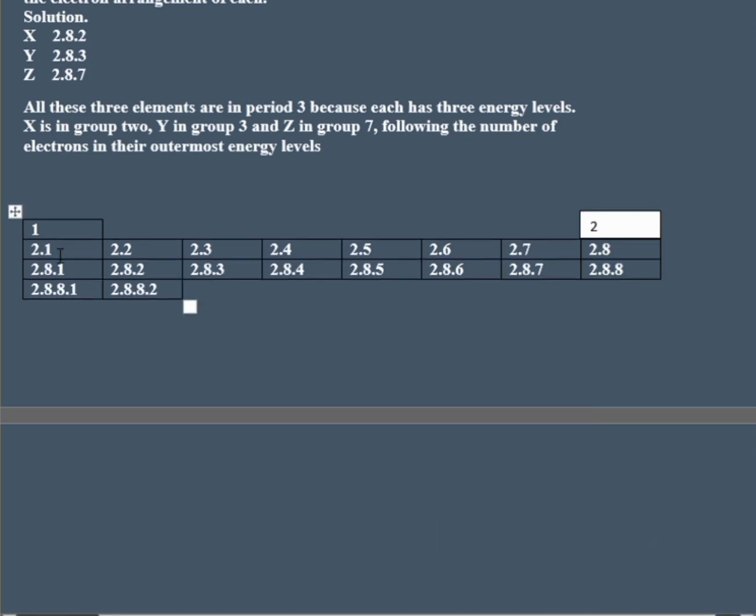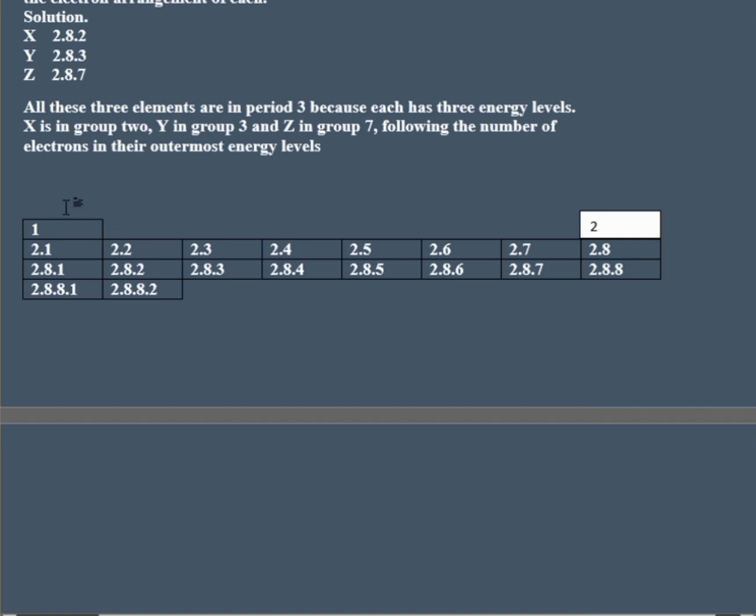Now here we have our periodic table for the first 20 elements. Remember we say the first row is period 1, the second is period 2, third is period 3, fourth is period 4.